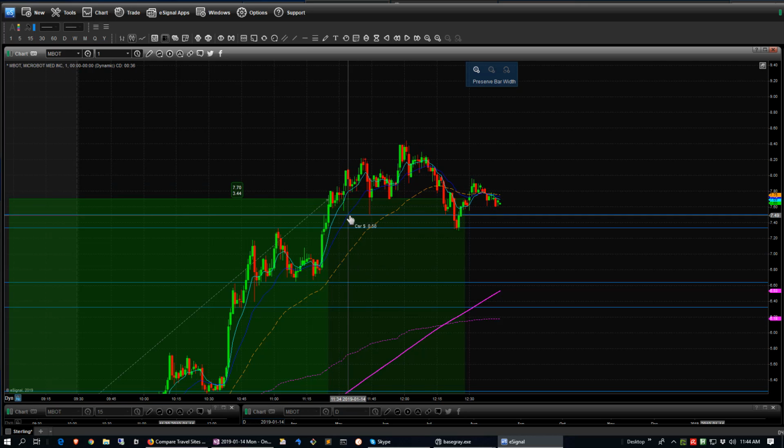Came down. So the question at this point is, how long do you stay in? Now it broke below this EMA. The question though is, did it show any indication of continuation, which it didn't. So you can continue to trail it higher. It broke below the EMA again, and you're looking for some evidence or reason for it to continue.